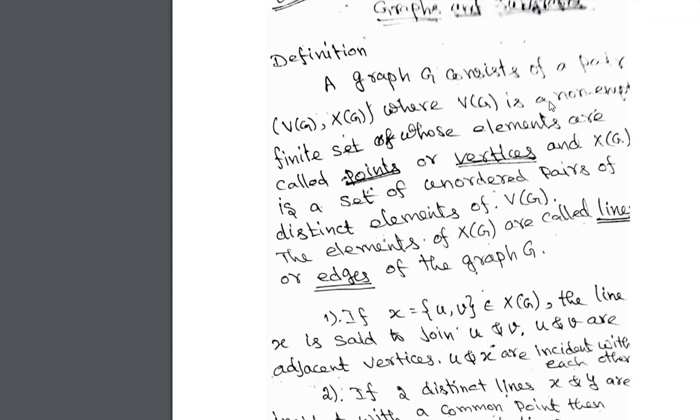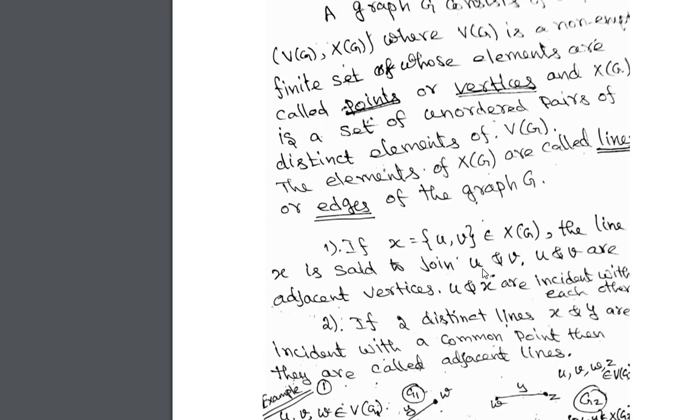So first one is the graph definition: it consists of a pair V(G), X(G). V(G) is a non-empty finite set. X(G) is a set of ordered pairs of elements of V. Now the V(G) elements are called vertices or points, and X(G) elements are called edges or lines of the graph G.